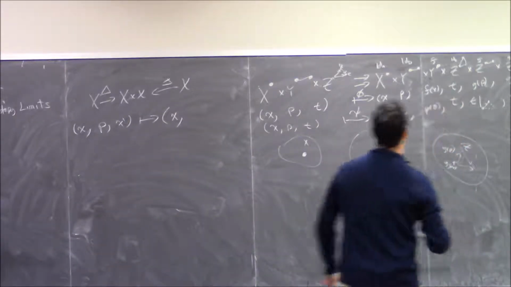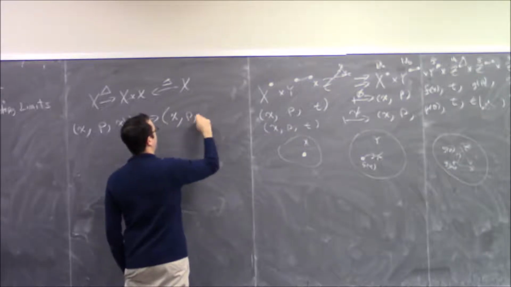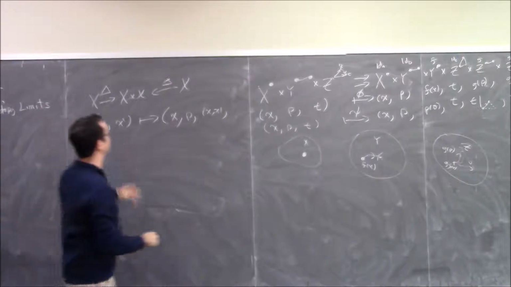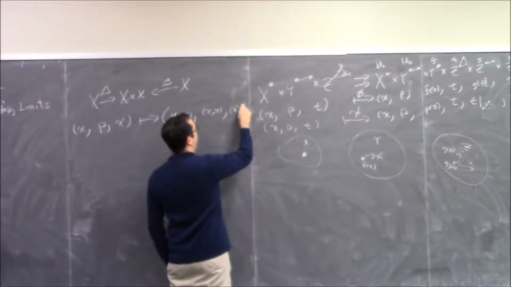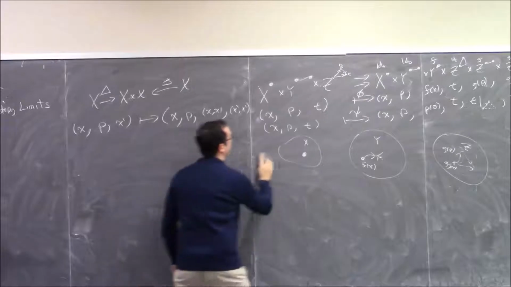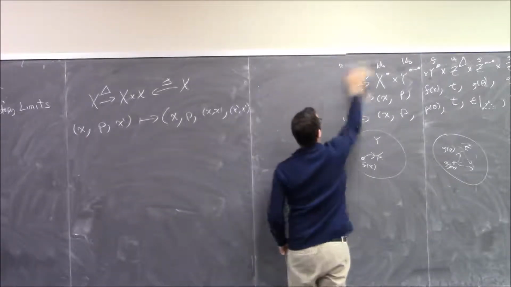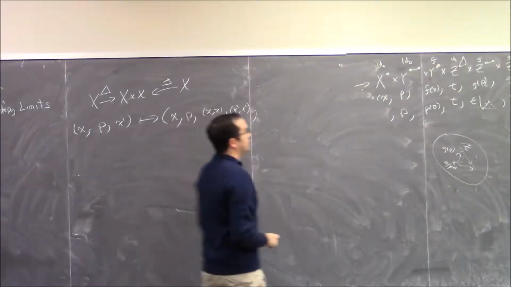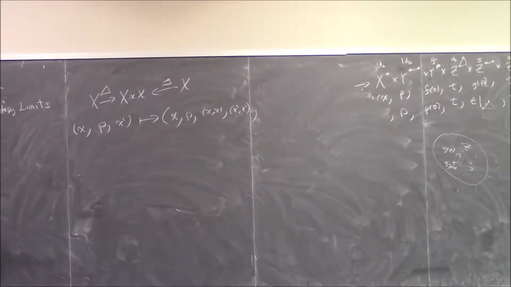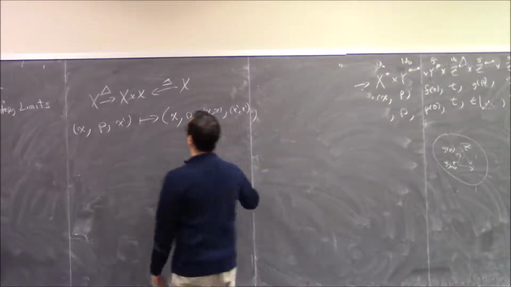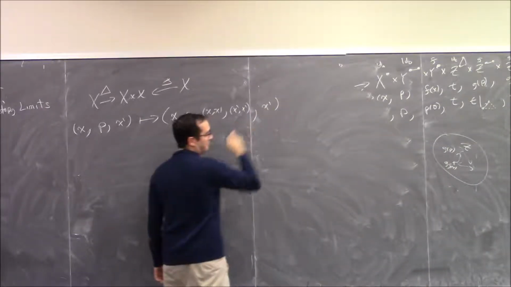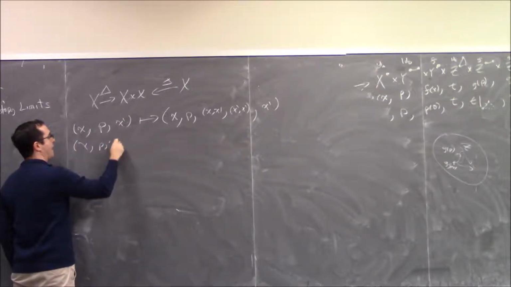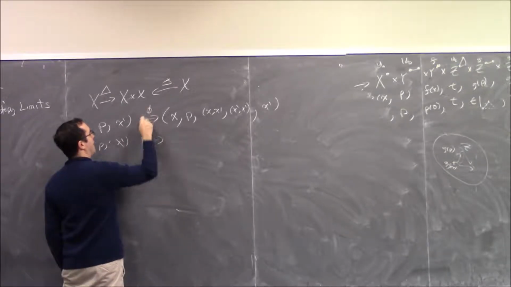The diagonal map is just x to x cross x.